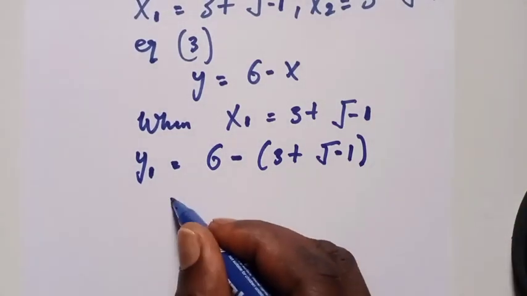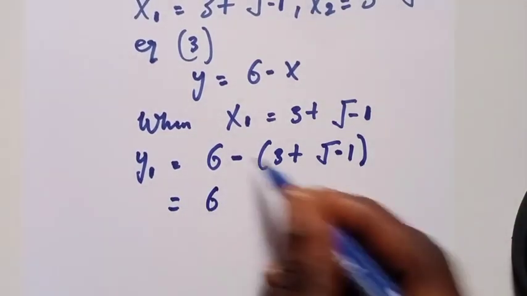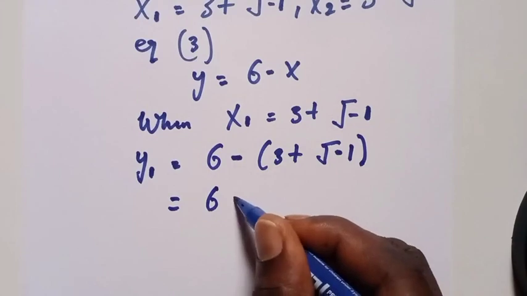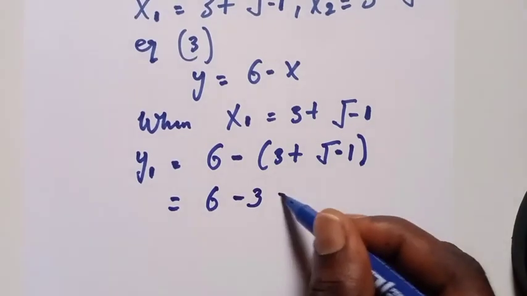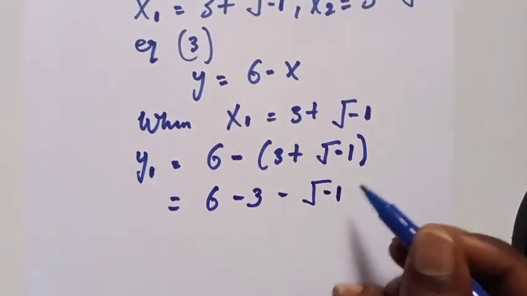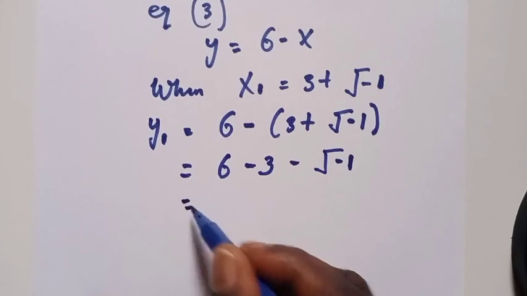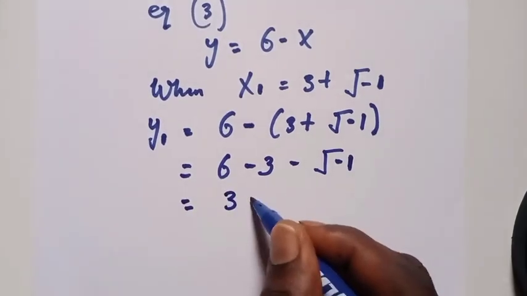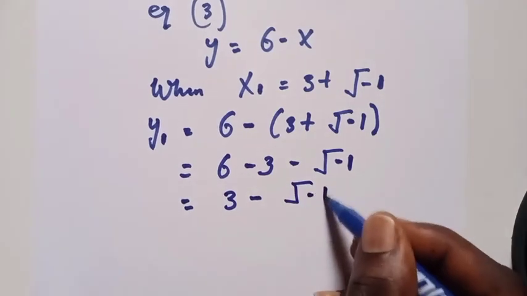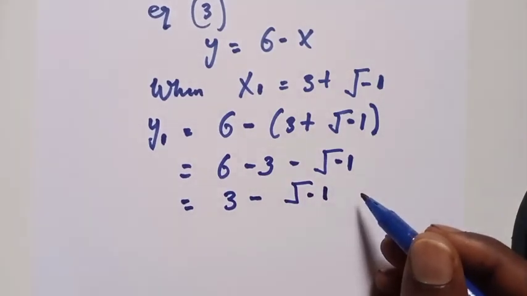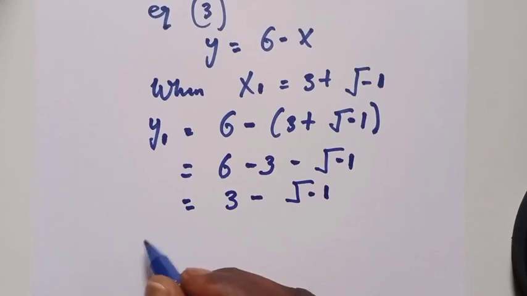If you multiply it out, this will be 6 minus 3 minus root minus 1. From here, this will be equal to 3 minus root minus 1, which is our value for y1.